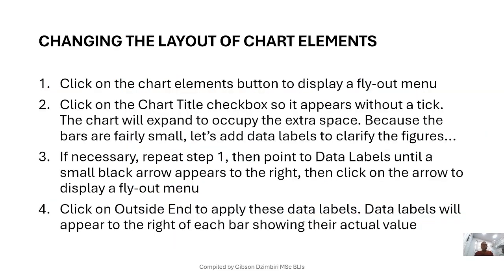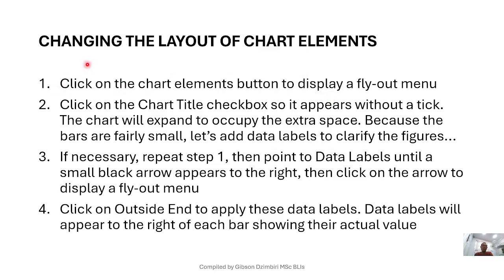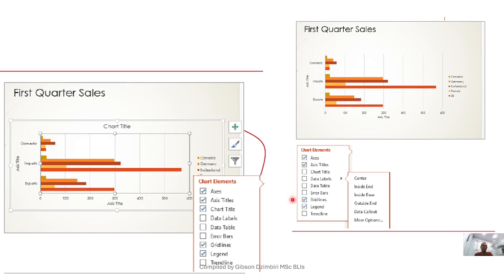We can also change the layout of the chart elements, and these are the steps that you can follow. As you can see, some of the steps repeat themselves in reference to the previous slides that we've looked at.